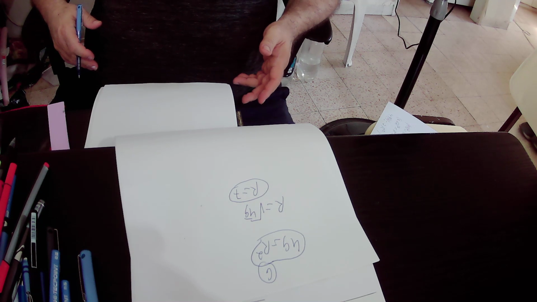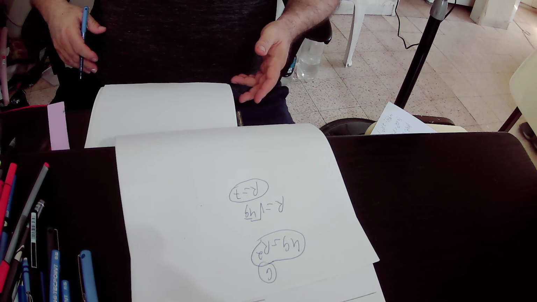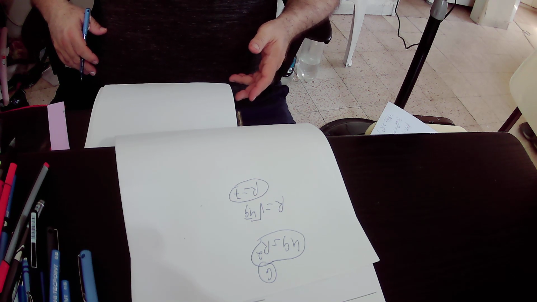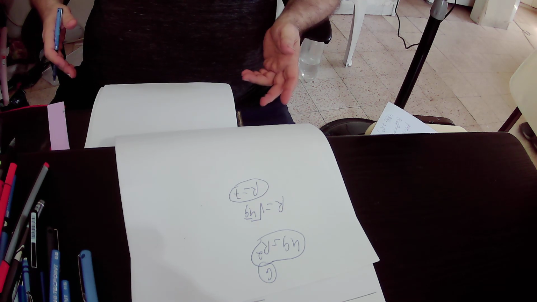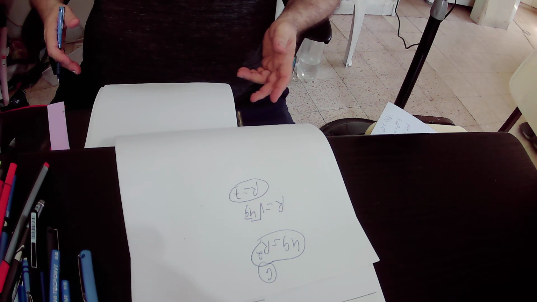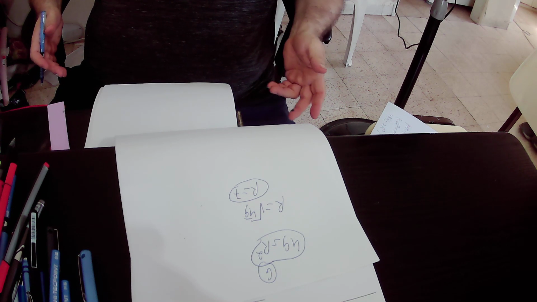But in this case, because we are trying to find the radius of the semicircle, the only option that we can take into account is the positive root of 49, not negative 7, because the radius is always positive, of course.